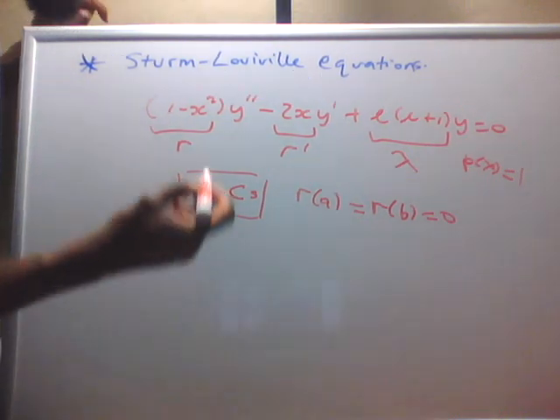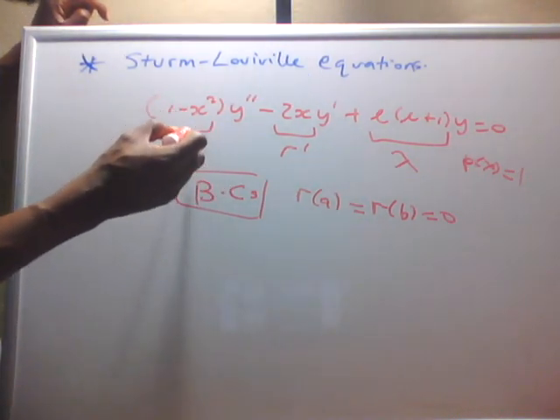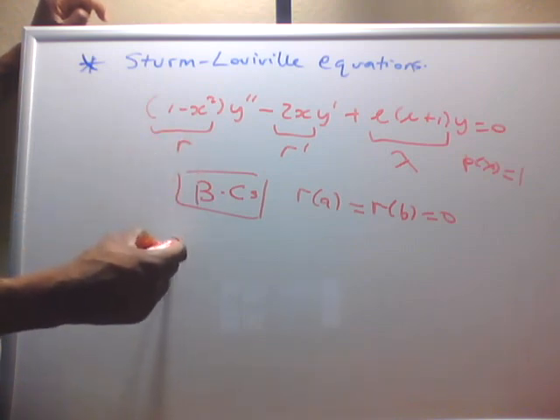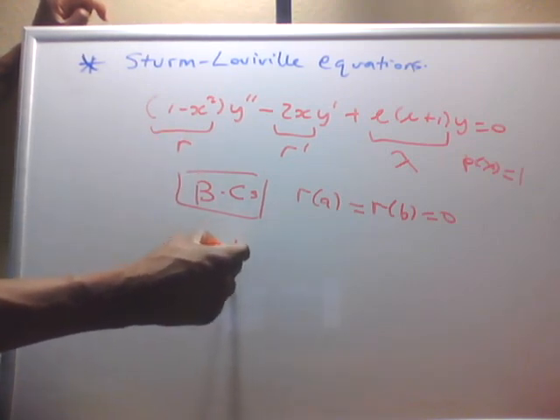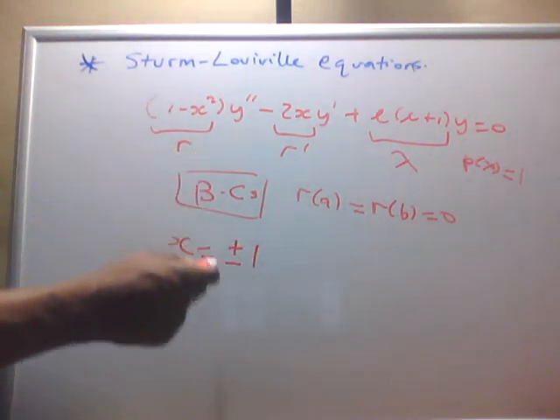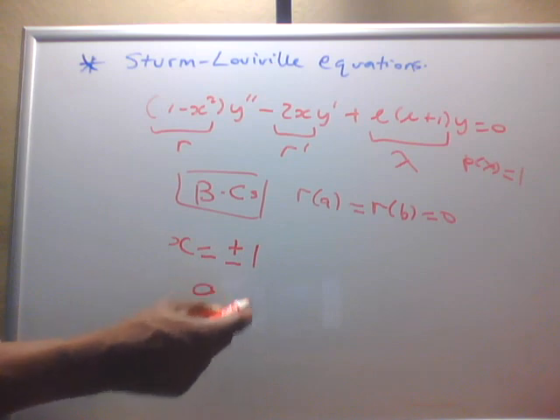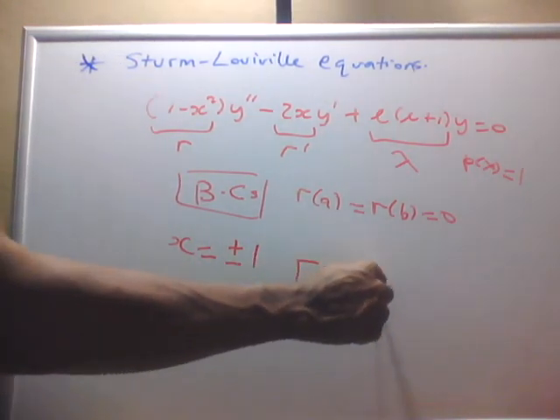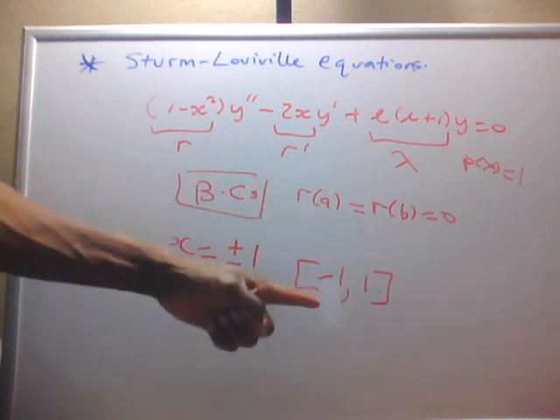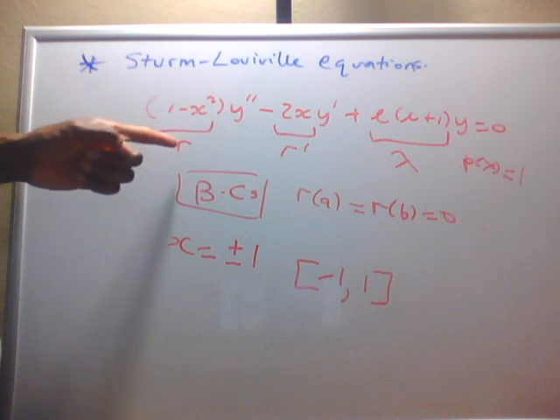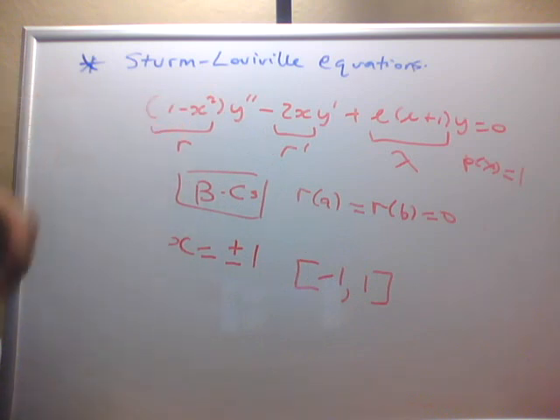In this case, R is 1 minus x squared, right? The root of that equation is x equals plus or minus 1. Okay? So clearly, if I go from minus 1 to 1 as my interval, then R of -1 and R of 1 gives me 0 also.